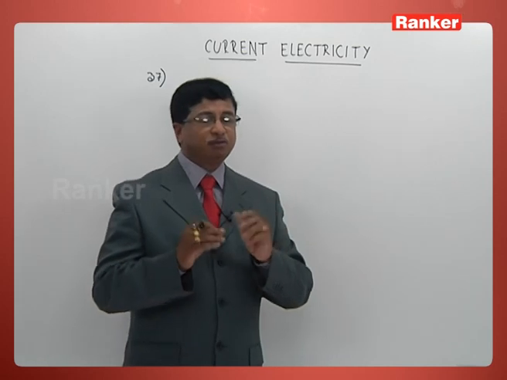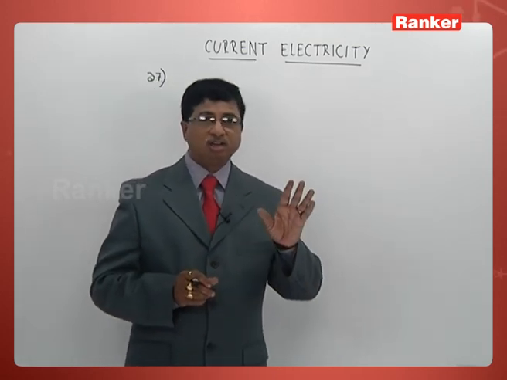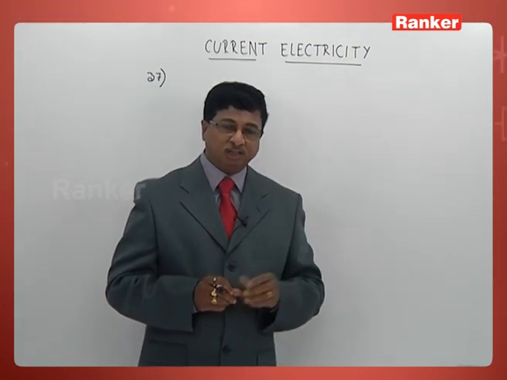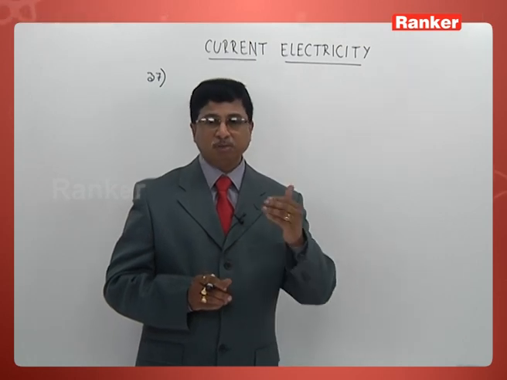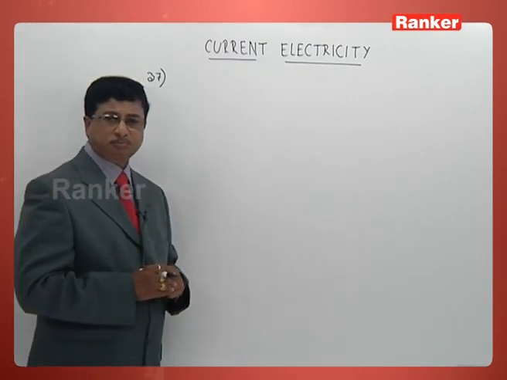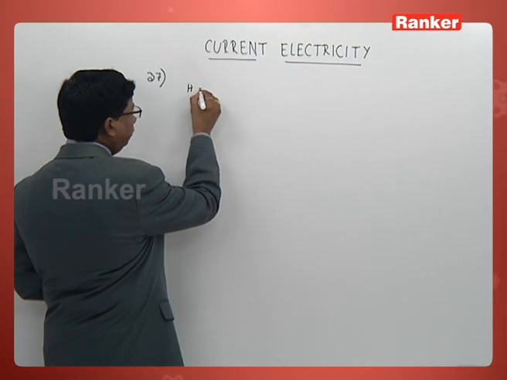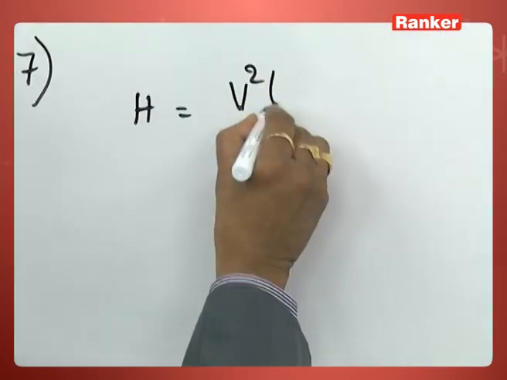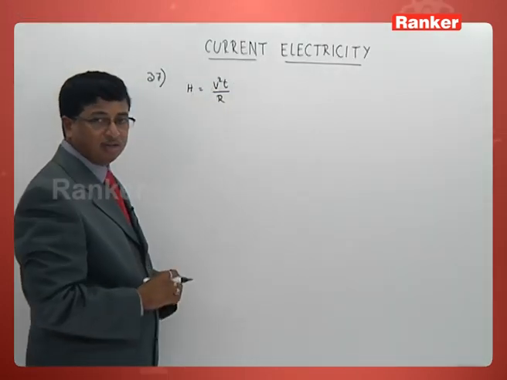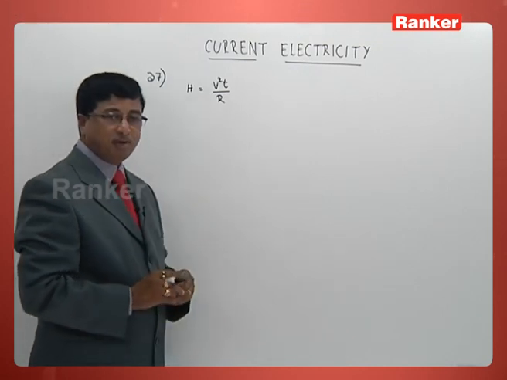So, it's an electric kettle he is talking about. It has some quantity of water. Using the first coil, he has boiled the water in 10 minutes. Look carefully: we know the heat energy generated here is V square T by R. Actually V square by R is power.